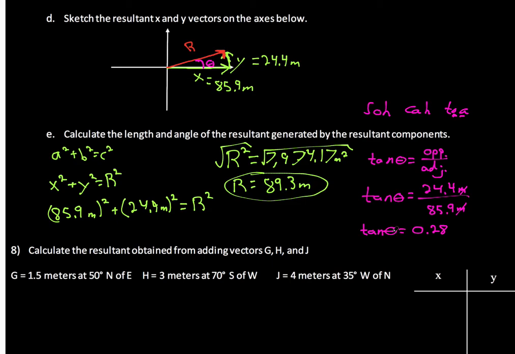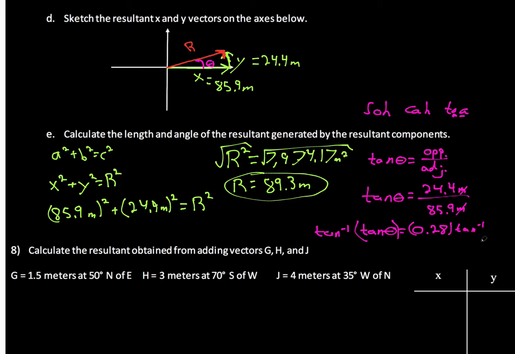What I need to do is solve for theta, the angle variable. So to do that, I need to do the inverse tangent. I need to undo the tangent function on both sides, right? I need to inverse tangent both sides.